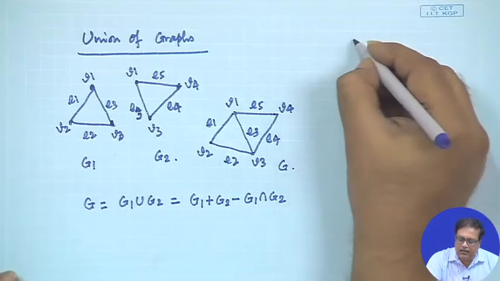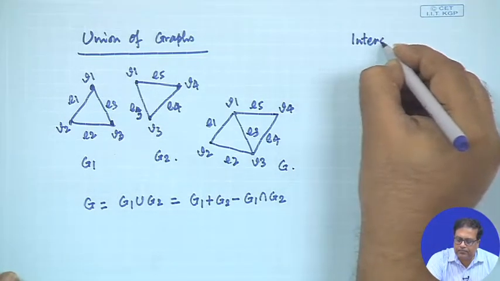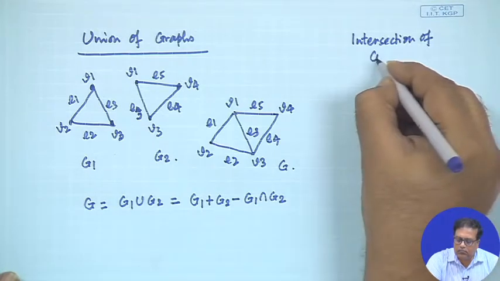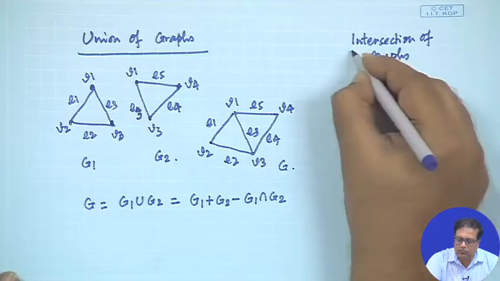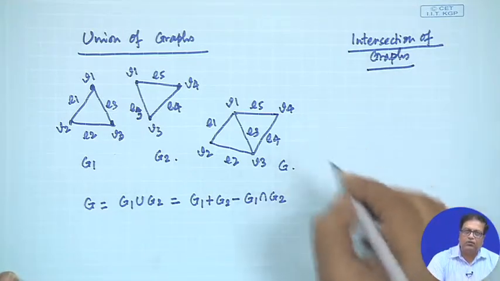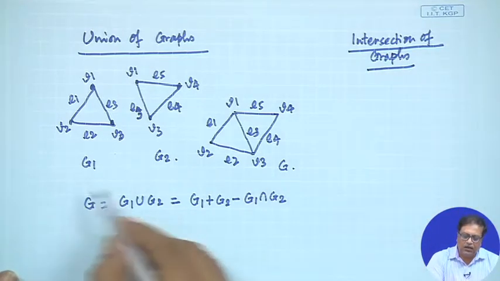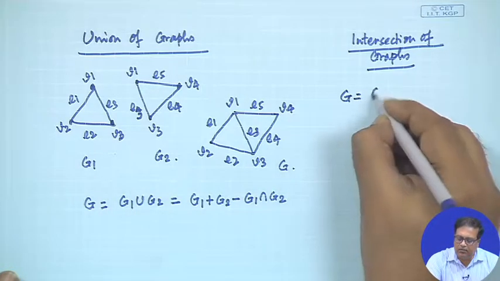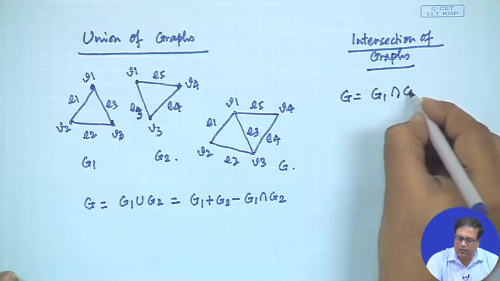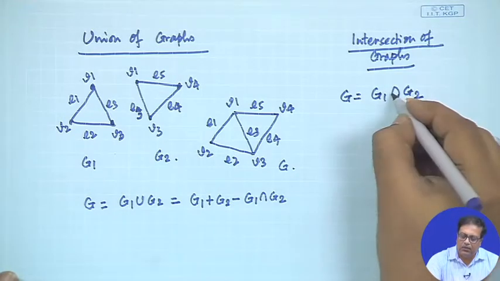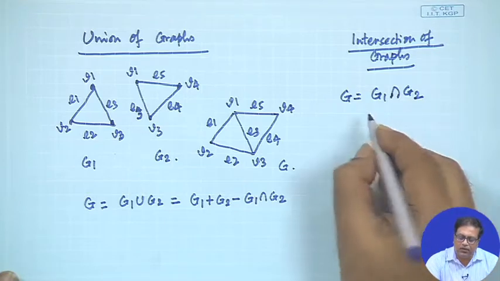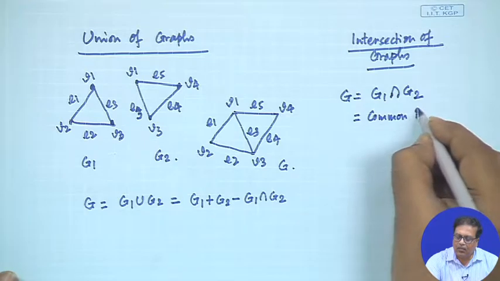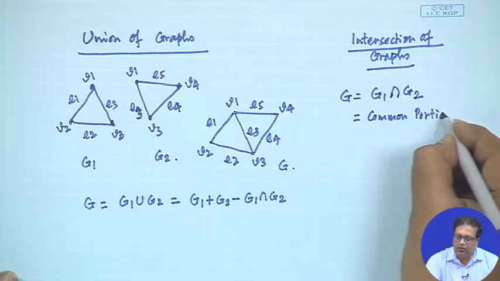So, this is the resulting graph G by which we have carried out the union operation. Similarly, the intersection of graphs can be carried out, that is G equals G1 intersection G2. This intersection will be nothing but the common portion. What is the common portion?